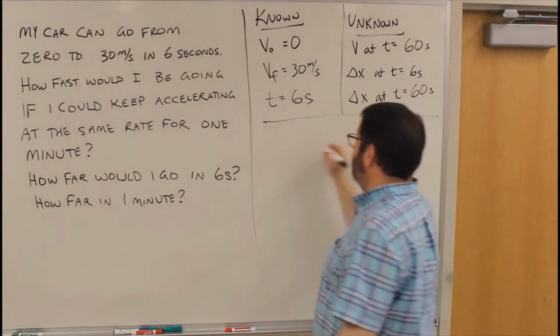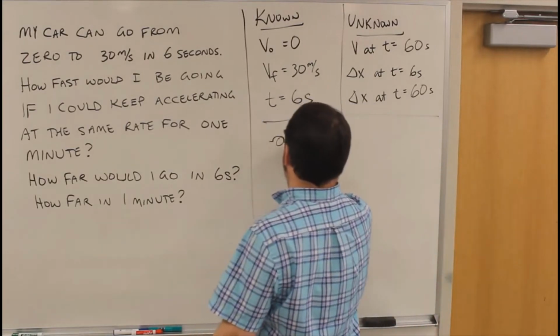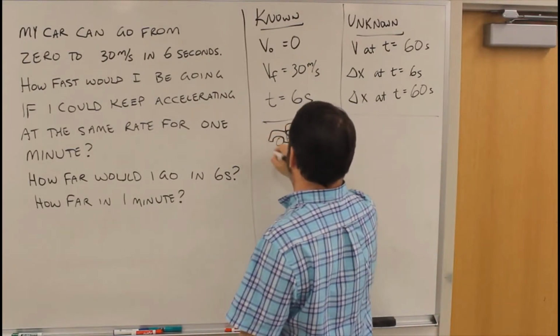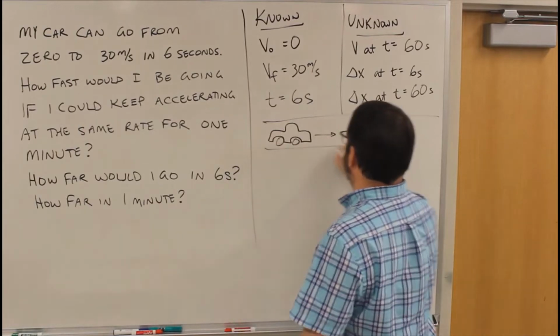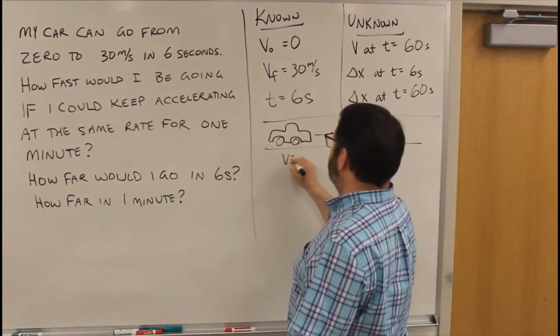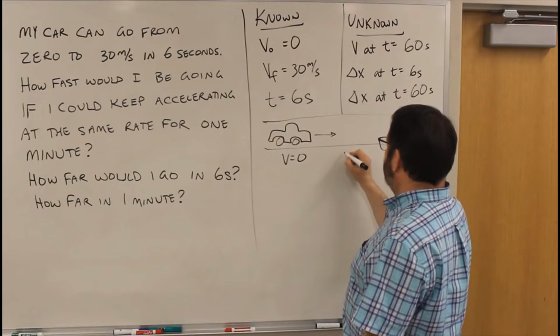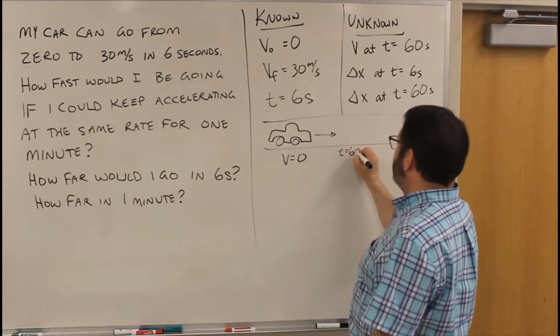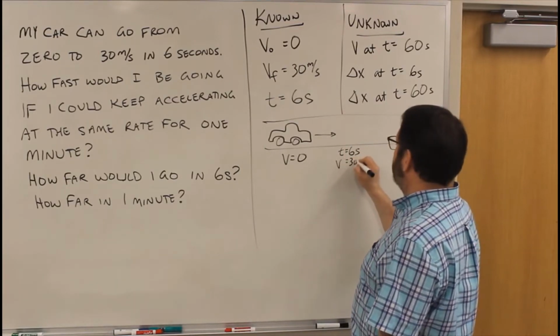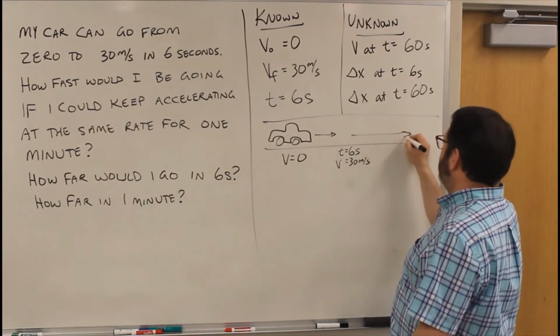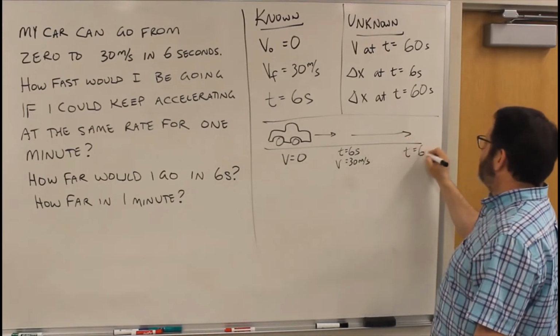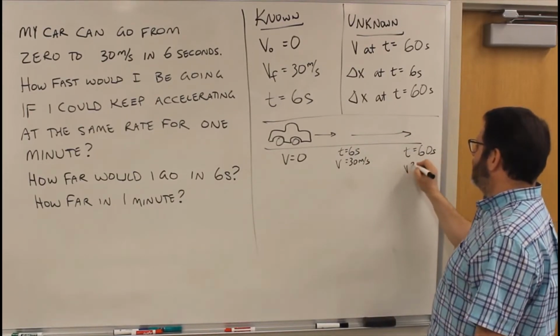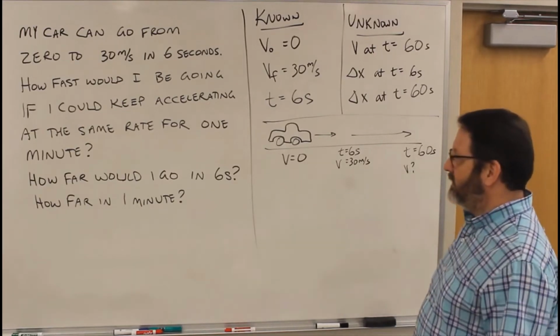Draw a picture. Here's my car. I'm going this way. I start out V equals 0. Then at T equals 6 seconds, V is 30 meters per second. And then at T equals 60 seconds, I don't know what my V is.